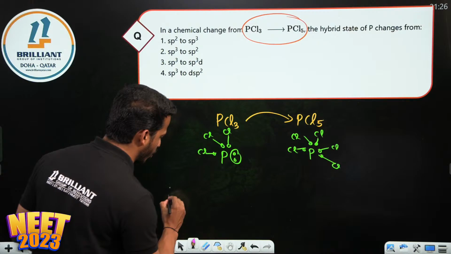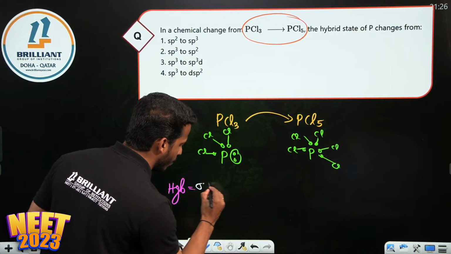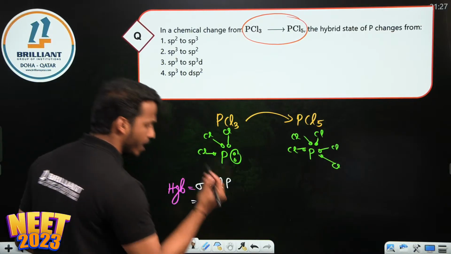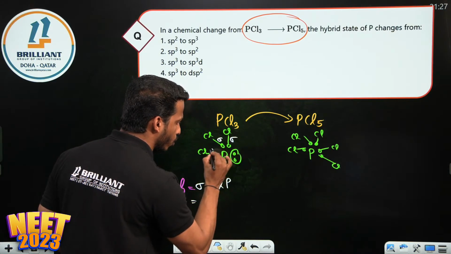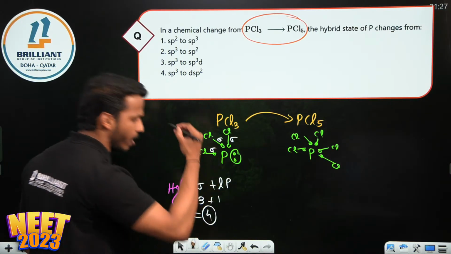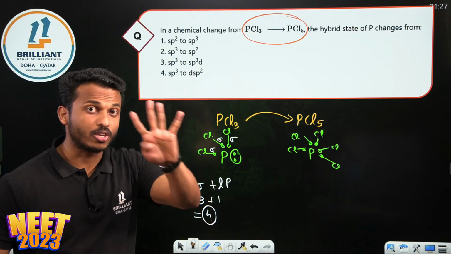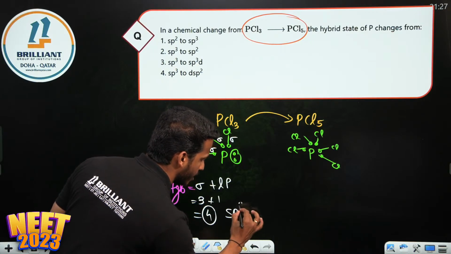You know, hybridization is calculated by the sum of what? Sigma bonds and lone pairs. Tell me, dear all, how many sigma bonds are present on this phosphorus? 1, 2, 3. 3 plus only 1 lone pair. So the total sum is what? 4. 4 means mixing 4 orbitals, sp3. So what's the hybridization, dear all? sp3.